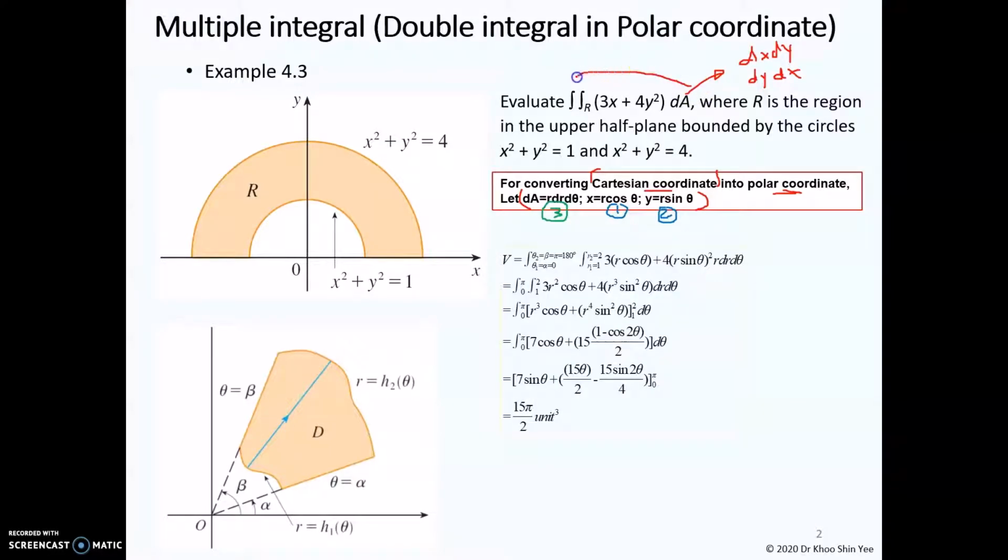Let's solve the previous double integral using the polar coordinate approach. By using these three equations, we have x equal to r cos angle, y equal to r sin angle, and dA is equal to r dr d angle. Let's find the limit for the angle. You can see that for this case, the region is located at angle equal to 0.